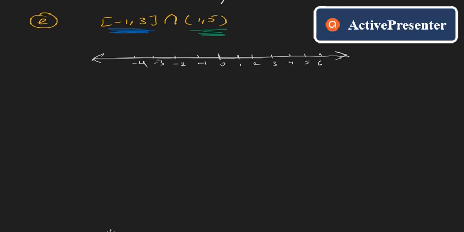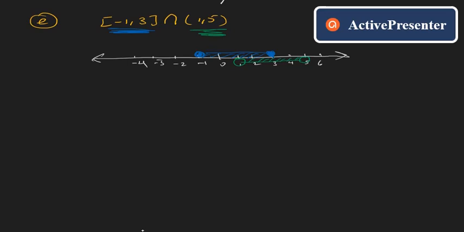The first interval is from minus 1 closed to 3 closed, so here we have the set. The second interval is from 1 open to 5 open, so we are having this set.